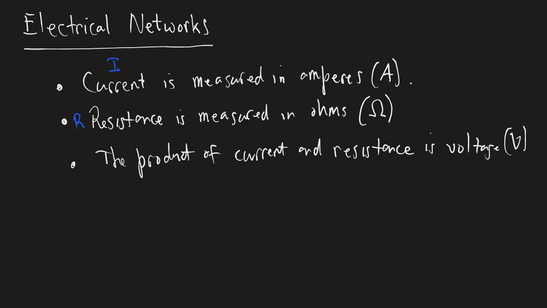Now, in any electrical network or circuit, you're going to have several components. You could have a lot of components, but we are just going to focus on two types of components. Our circuits will have batteries, so let's list the components.